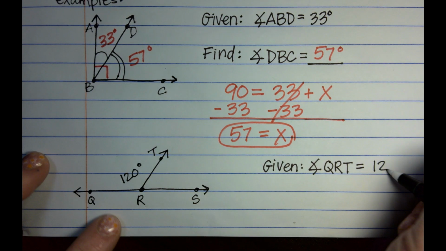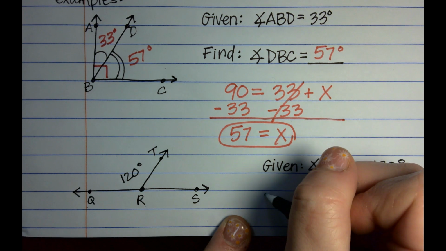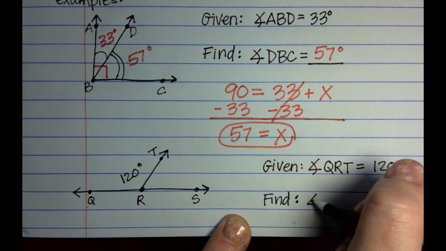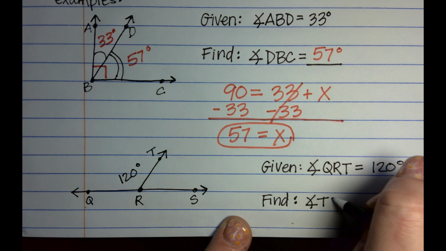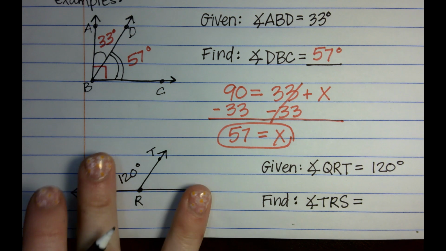So QRT is 120 degrees. Given that that is the measure of this angle, what angle do you think I'm going to ask you to find? TRS, good. Find angle TRS.